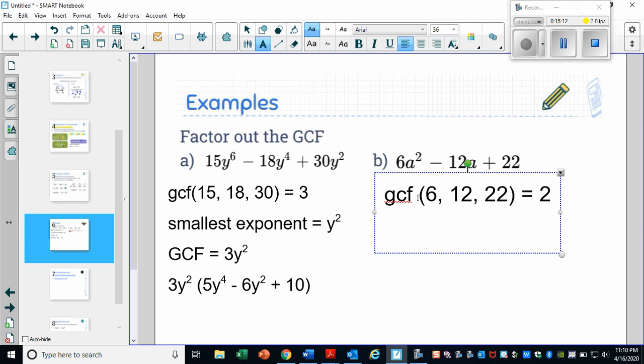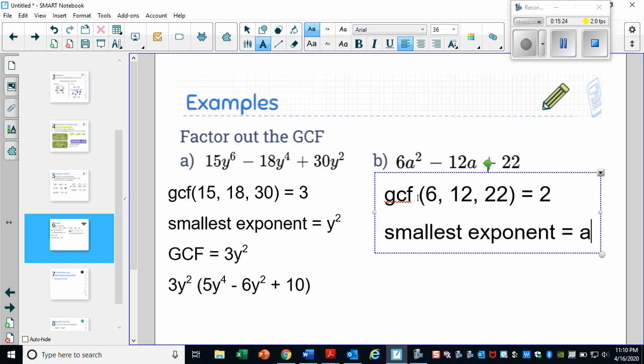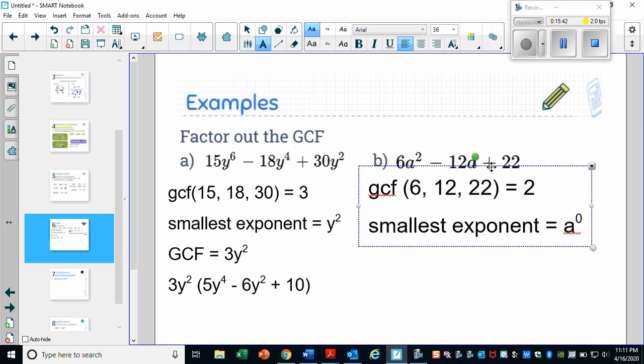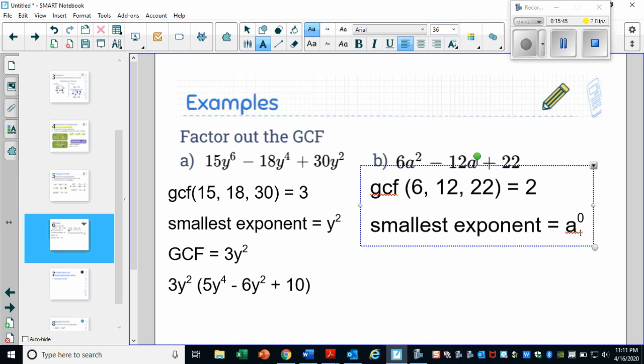Now, your smallest exponent, in this case, is a to the 0, which just means that's 1.